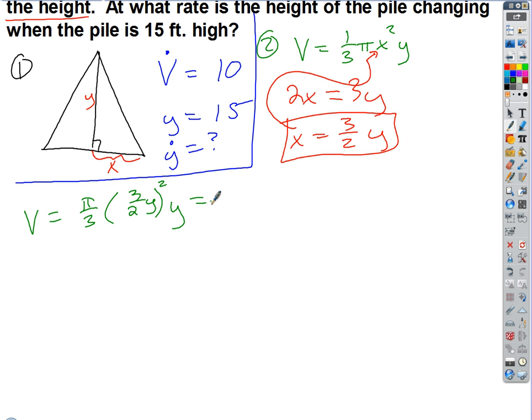If I square everything in the brackets, I'm going to get 9/4 y squared. So if I multiply that by the constant out front, 9 over 3 is 3 on the top, so we're going to get 3 pi over 4. Agreed? That's what all this simplifies to when I square it out. Times y cubed.